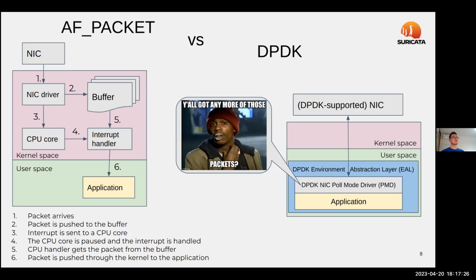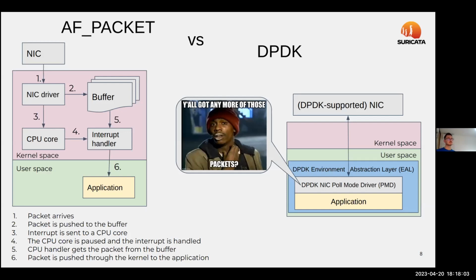Now, how is that possible? In DPDK, we have special DPDK poll mode drivers, which can communicate with the hardware, with the NIC, from the user space. These drivers essentially allow packets to not go through the kernel space.